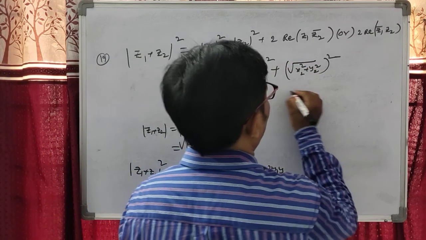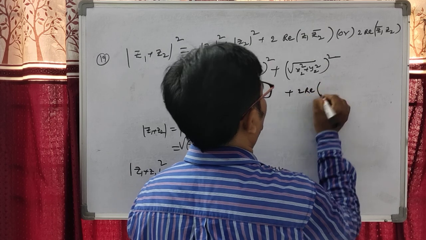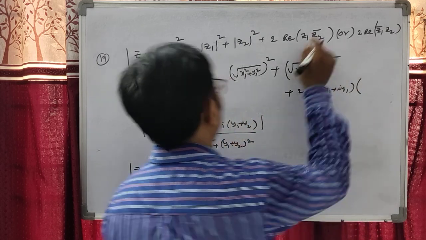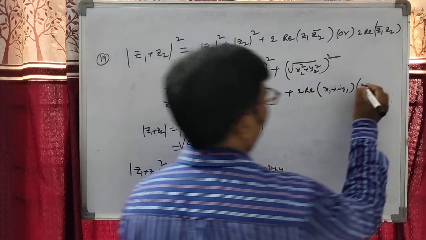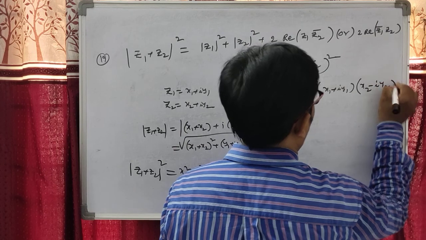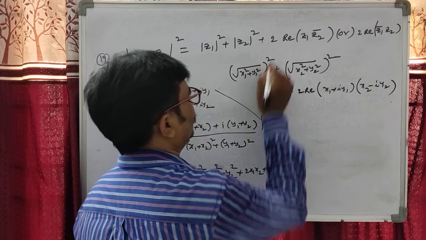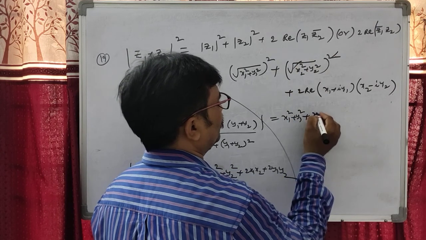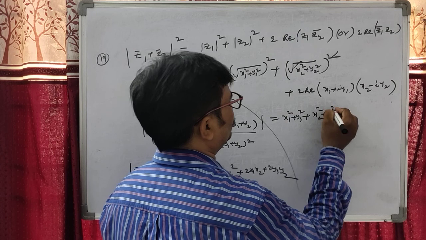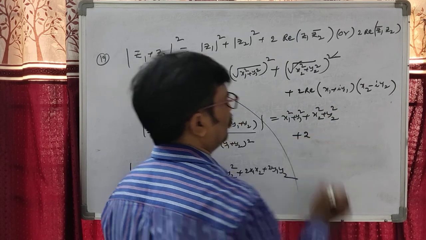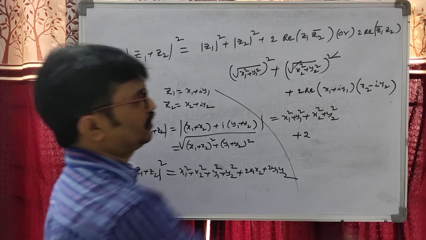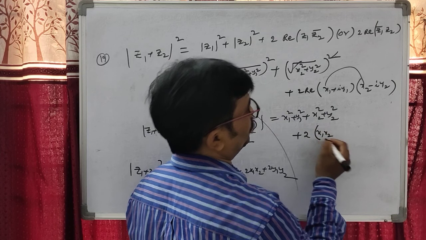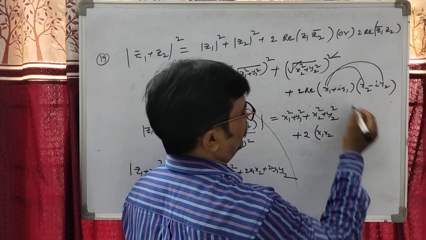This is, students, 2 into real part of z1, which is x1 plus iy1, z2 bar is x2 minus iy2. Here the square and under root cancel: x1 square plus y1 square, x2 square plus y2 square. 2 into real part of, after the multiplication, what we observe is the real part is x1 x2, then x1 into the imaginary part, this is also an imaginary part.